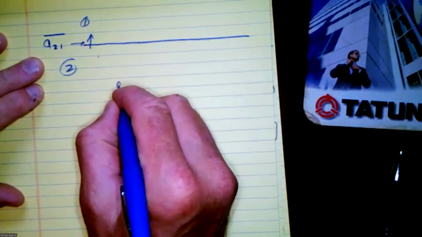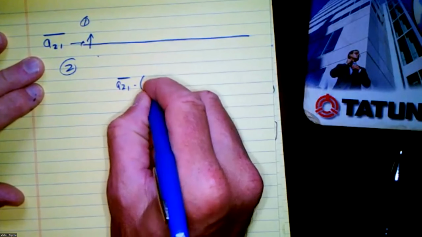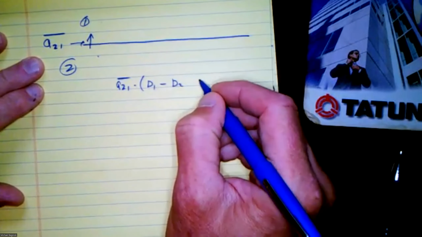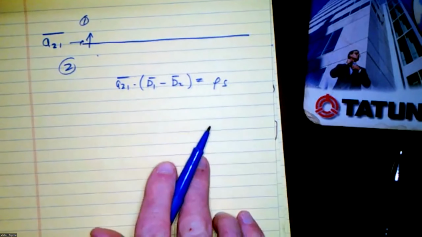If you take A21 dotted with D1 minus D2, this is only going to be the normal component. What you end up getting is the surface charge density. When you see it applied, you'll see it won't be hard to understand.